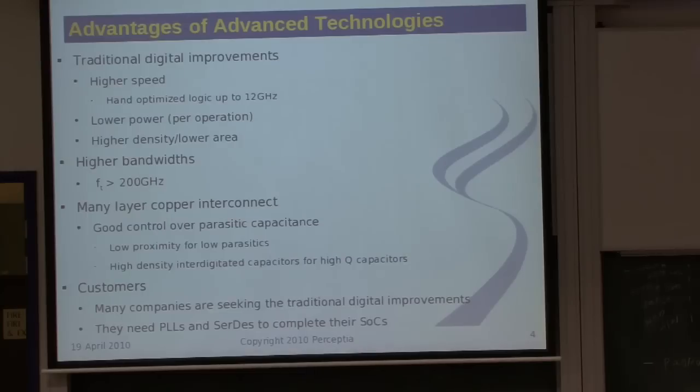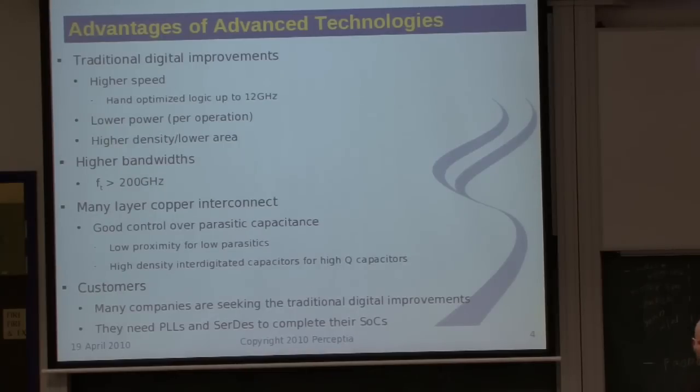So, of course, the reason we're all going towards these smaller geometry processes, despite all their problems, is that we want to go faster. And I have actually manufactured silicon with hand-optimized logic running in excess of 12 gigahertz on a 40 nanometer process. That's standard CMOS structures that you would have seen.